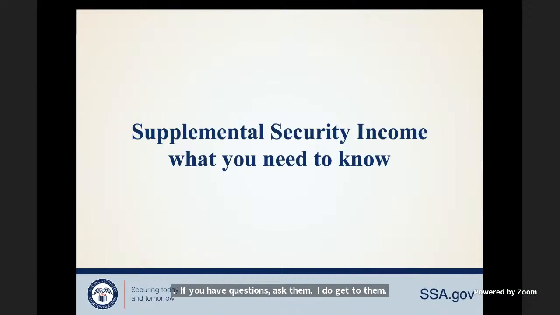Or you can go to our website, ssa.gov. You just type it in and search your question and it will pop up. There's also the SSA Red Book. It's online. That is your manual to file. It tells you about each program. It tells you what gets approved.